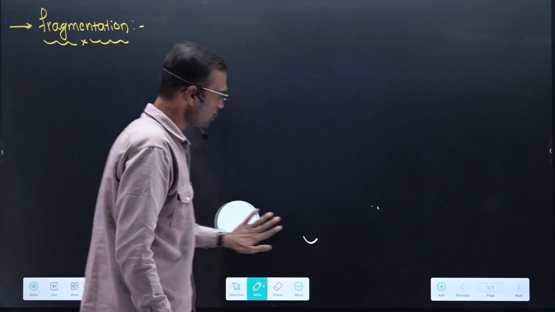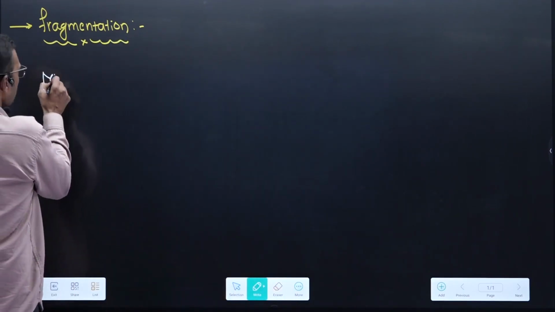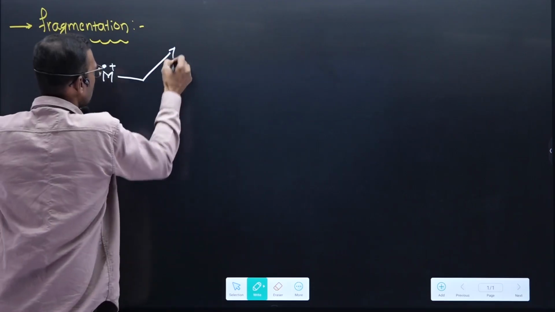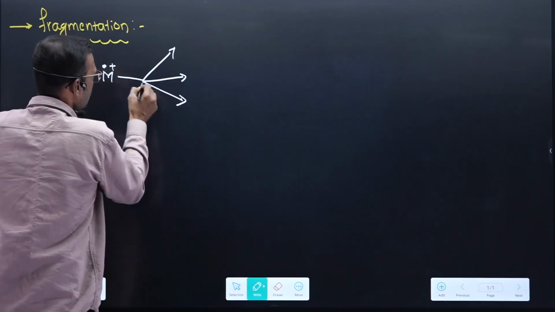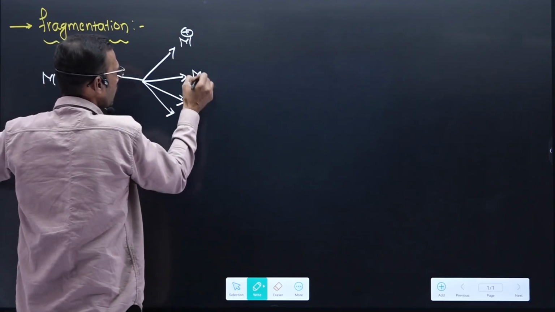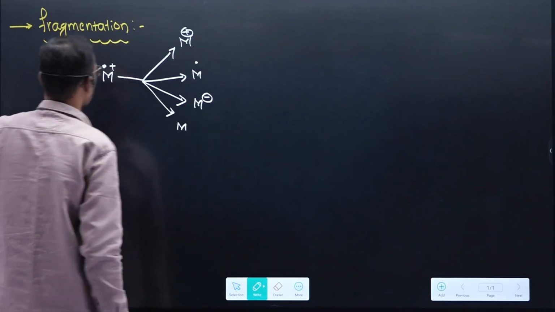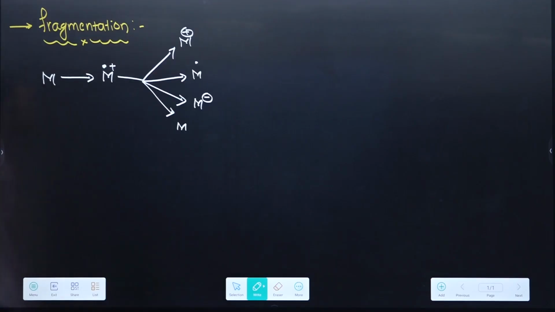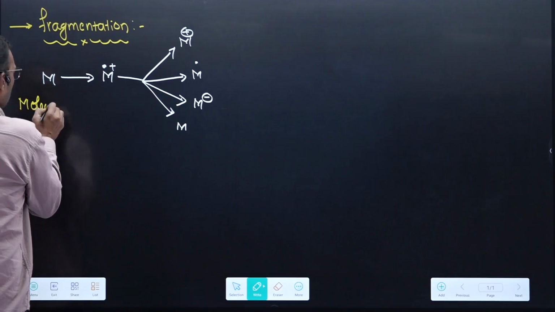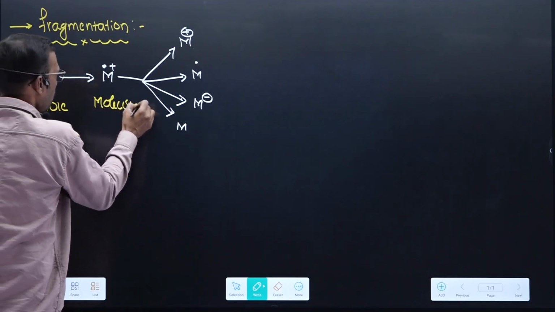Fragmentation initiates from molecular ion, but not from molecule.